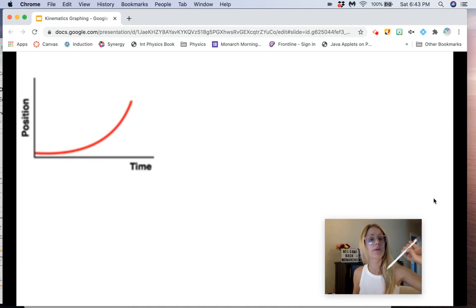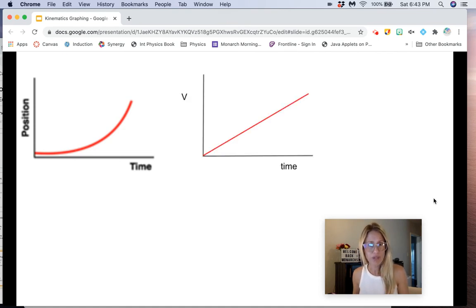All right, so if we were to graph velocity, it would look like this. Okay, velocity starts at 0, it then gets higher and higher, and it gets more and more positive, right? So this is what you're going to do with the match that graph activity.